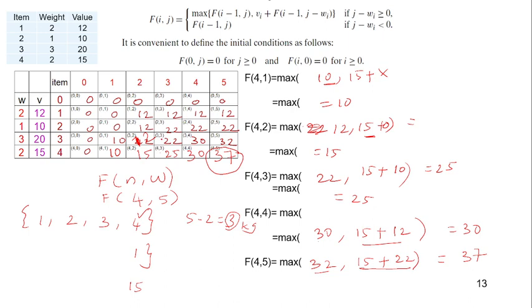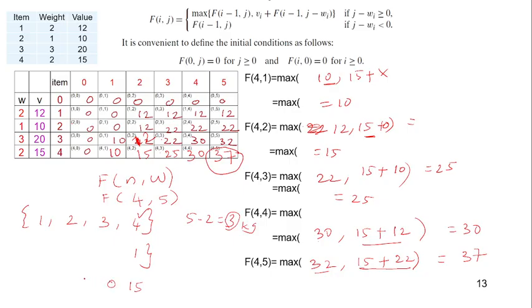Fourth item. So this 22 is of item 3. But see, this f of 3, 3 is greater than f of 2, 3. We have already got this 22 in the previous row itself. So you need not include this third item. You just include this second item.